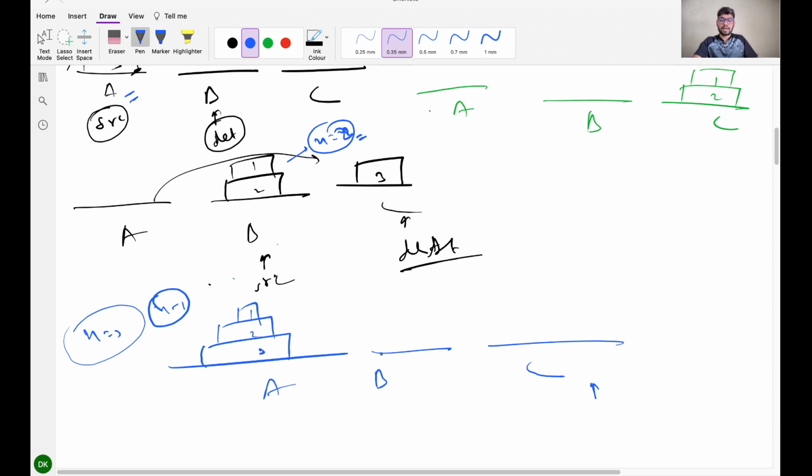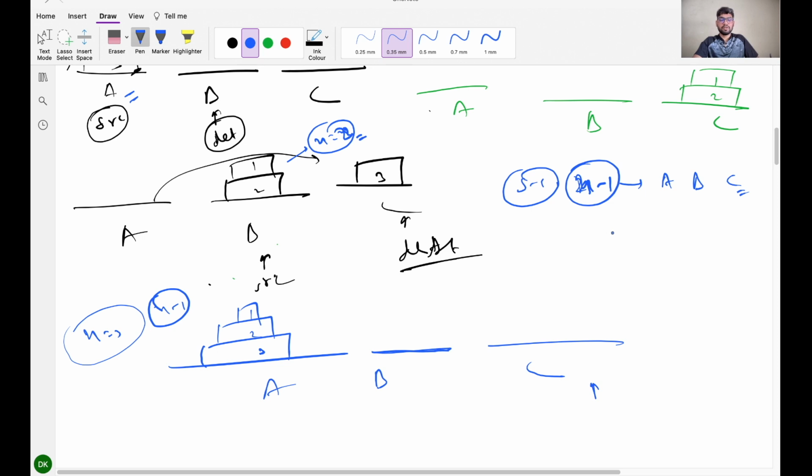Again, I have 2 disks left on B, then I want to place all the disks from B to C using A as the auxiliary stack. Okay, so we have 3 steps. In step 1, I just have to move all n minus 1 disks from A to B using C as an auxiliary stack.